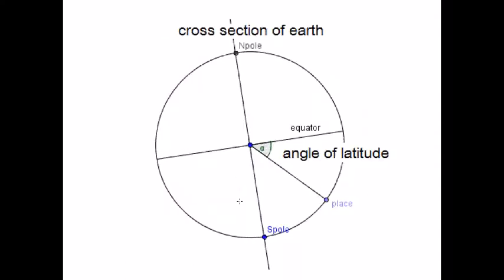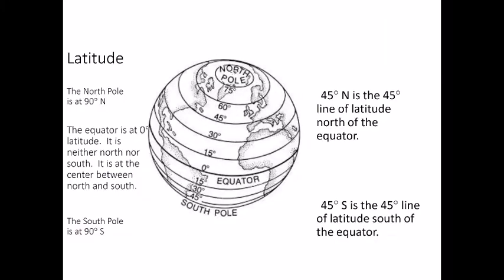Let's see this earlier figure. Any point on the equator would have an angle of latitude of 0. And if you go above or below, the angle would keep on increasing until, on any point which lies on this line, the angle of latitude would be equal to 90 degrees.